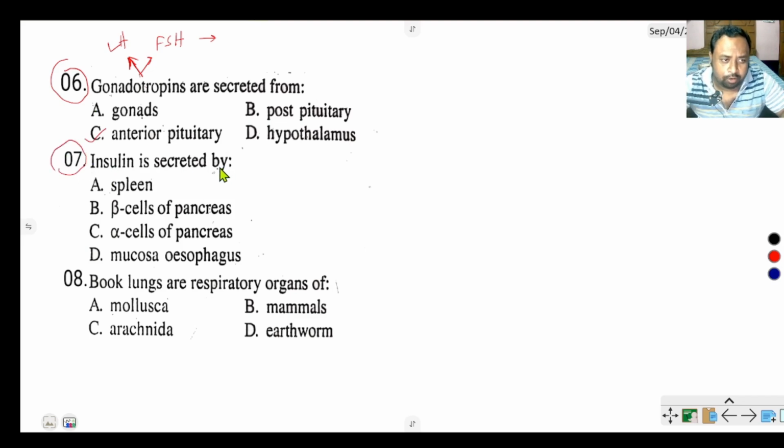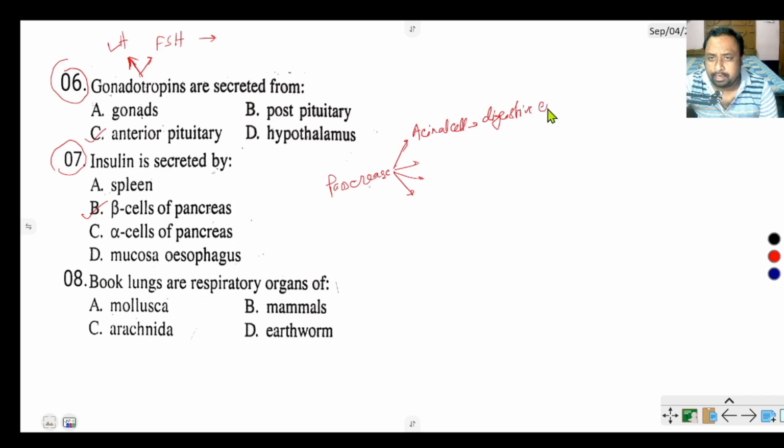Next question, question number 7. Insulin is secreted from the beta cells of the pancreas. The pancreas has islets of Langerhans. In the islets of Langerhans, different types of cells are present. First one is the acinar cell. Acinar cells produce digestive enzymes like amylase, lipase, protease, etc. Then alpha cells produce glucagon.